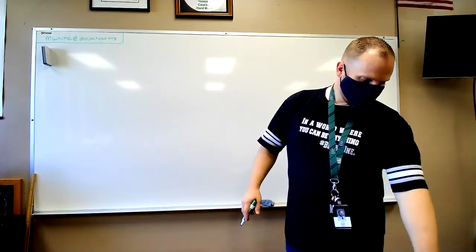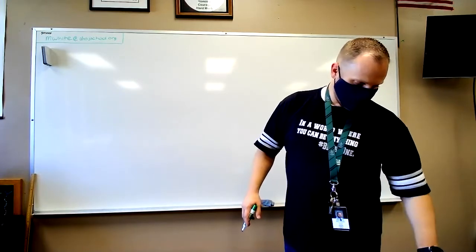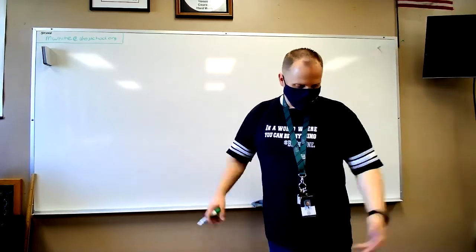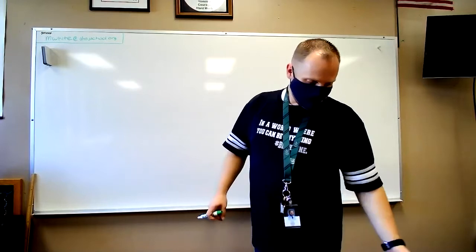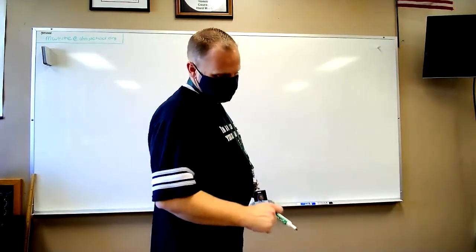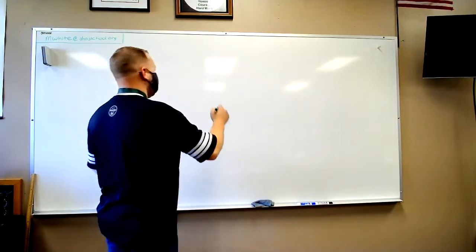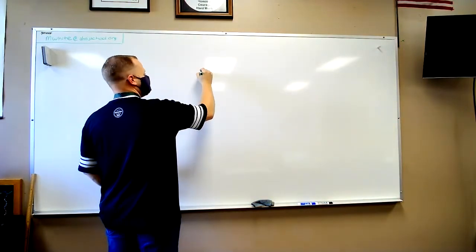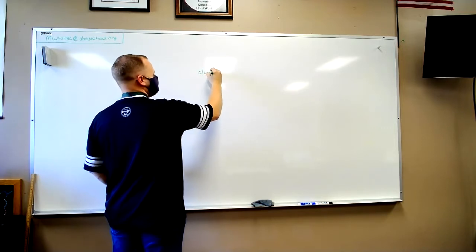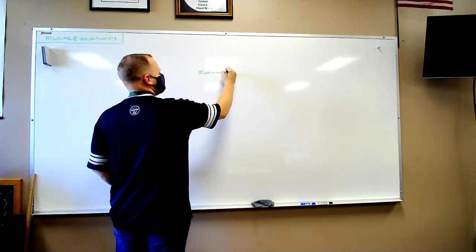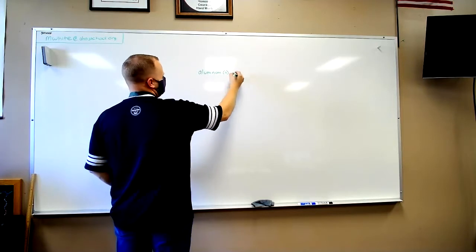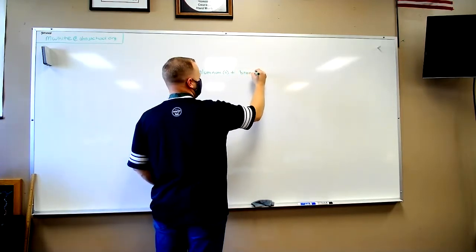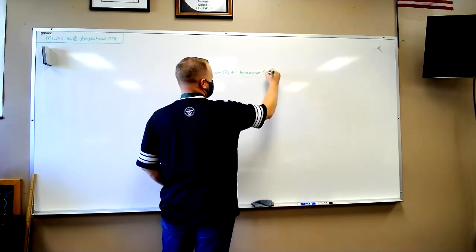Kind of a weird looking brown gas, whatever you want to call it. But we have aluminum and we have bromine. And like I said, with word equations, we actually write everything out. So we write aluminum is a solid plus bromine, which can be a liquid.